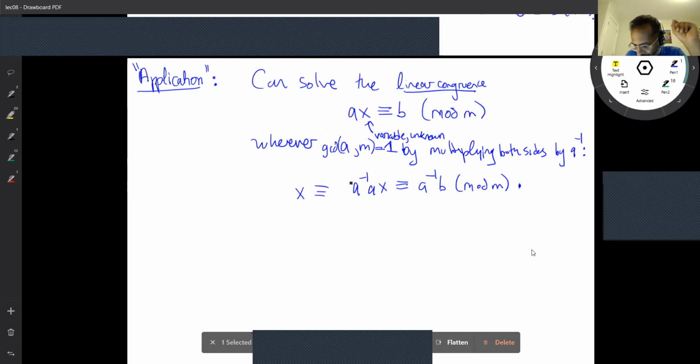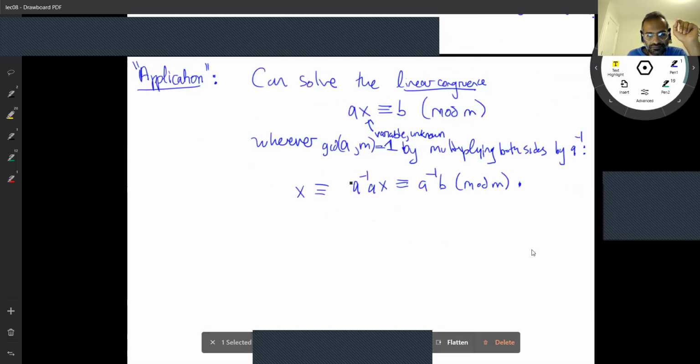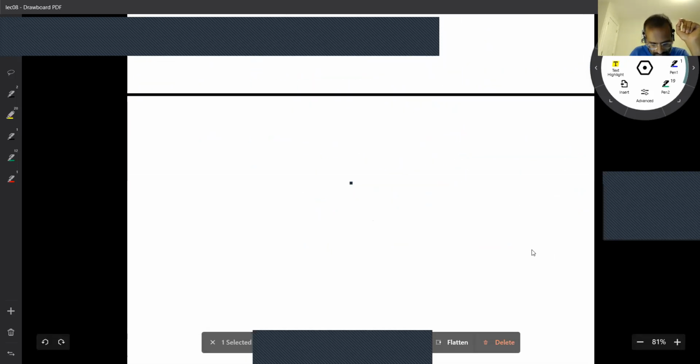But there's something very special and cool which happens when M is prime. And that's the topic of the last section, which is inverses modulo prime. This is one of the neatest proofs of this course.